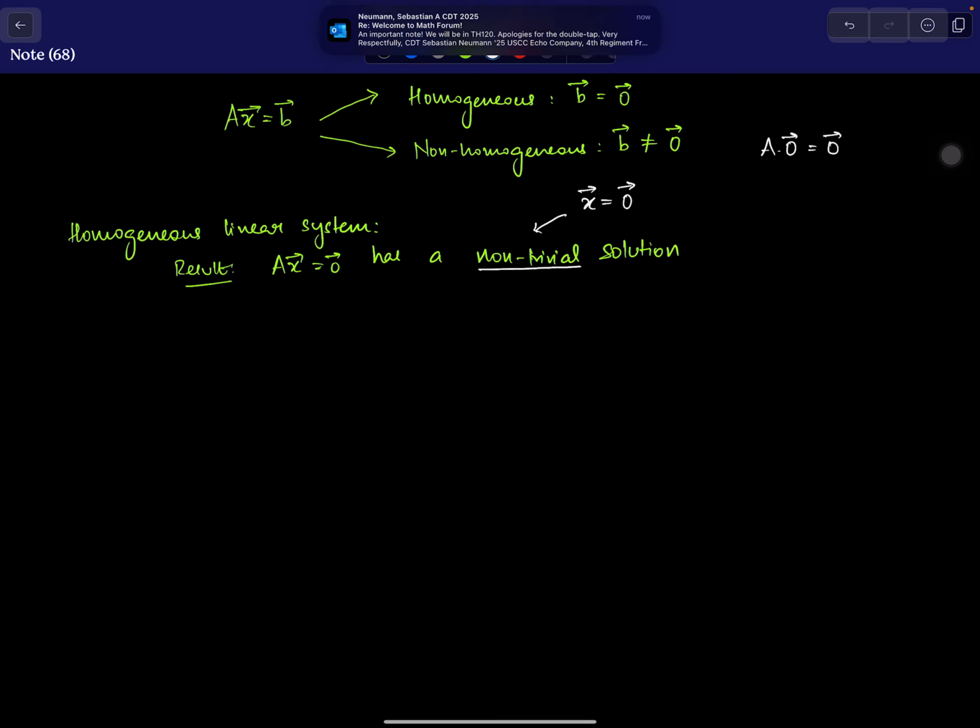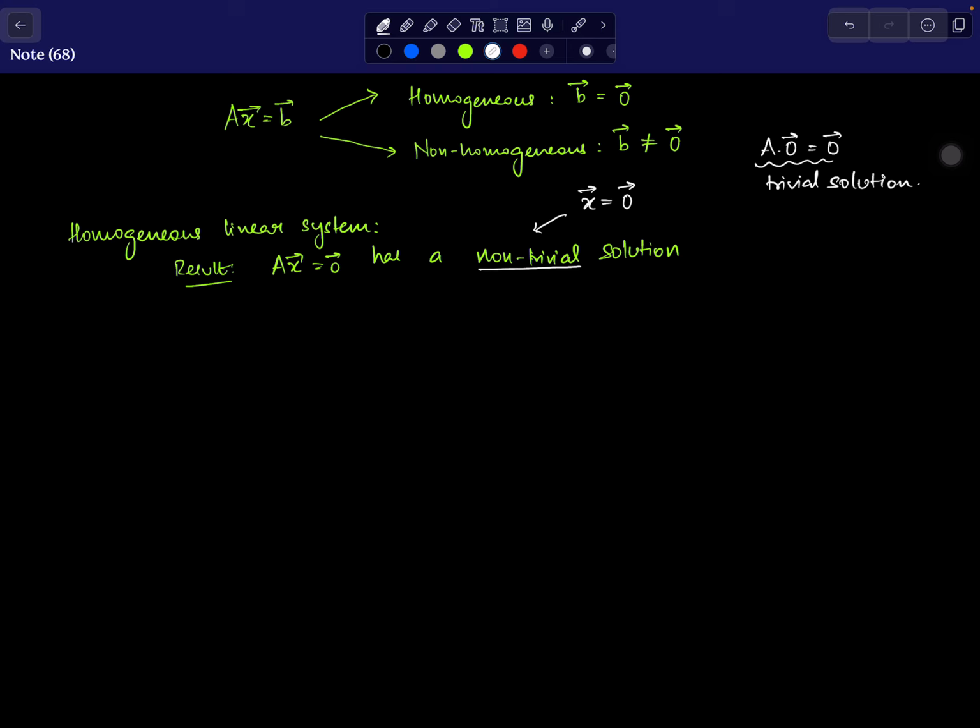So this is always a solution. So this is known as the trivial solution. Okay, so what we are looking for is a scenario where something is non-trivial, right? Because that's the more interesting case. This is always going to happen. You're always going to get a trivial solution.